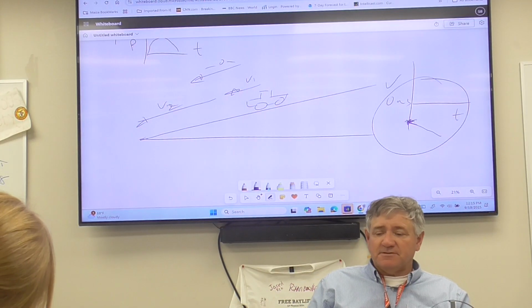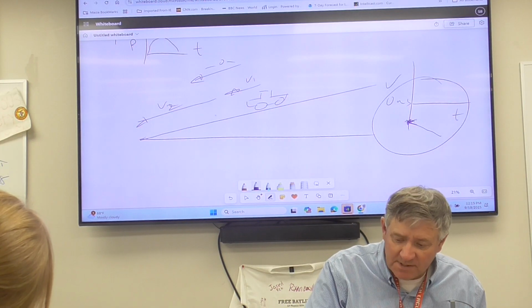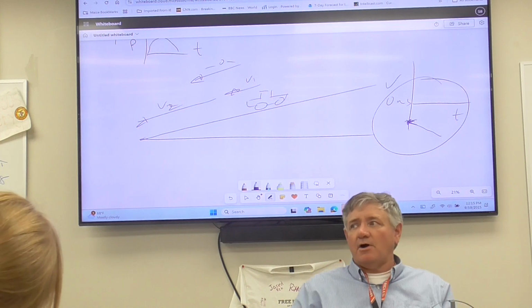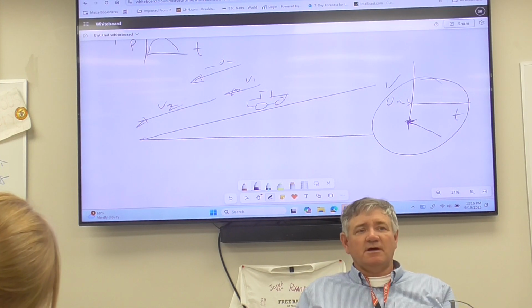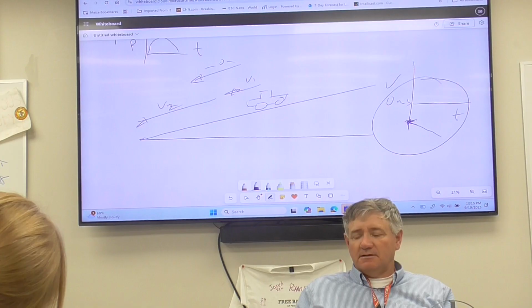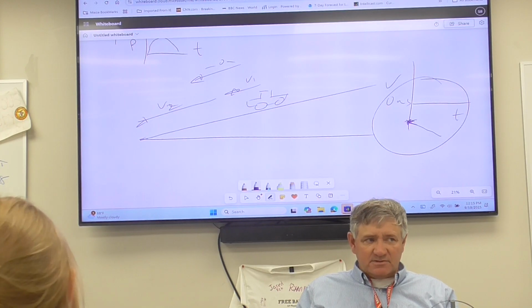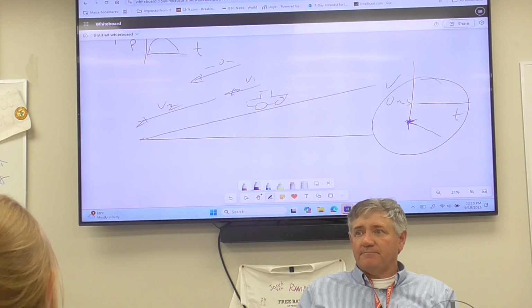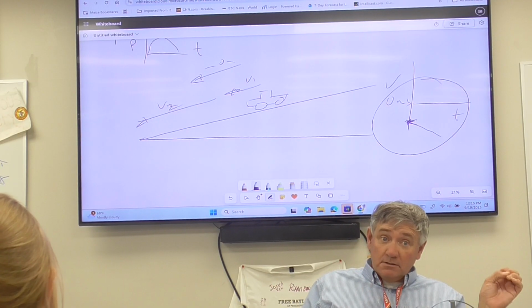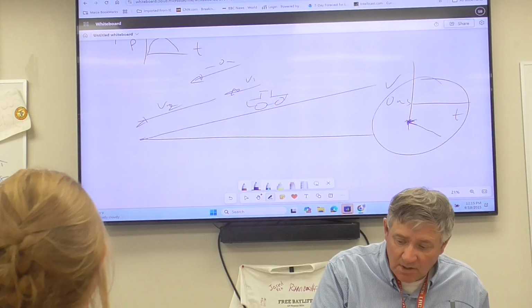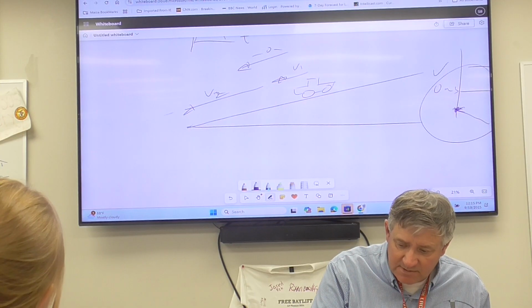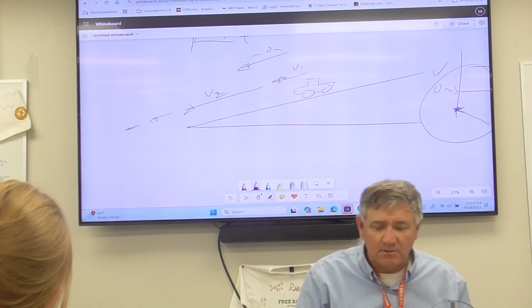Same situation. Now, at this point, I want to slow down the car. I'm going to hit the brakes on this side here. As soon as I hit the brakes, what's going to happen to your velocity vectors? What are they going to start to do, hopefully? They're going to get smaller, right? So my velocity vectors are going to start to get smaller.